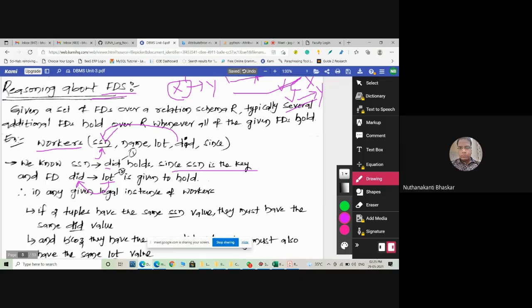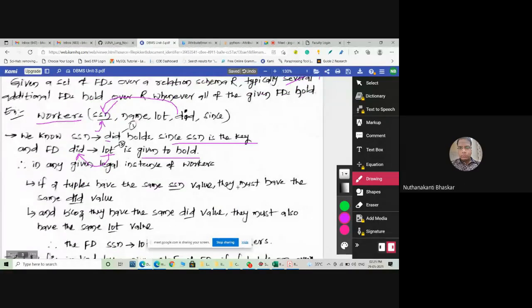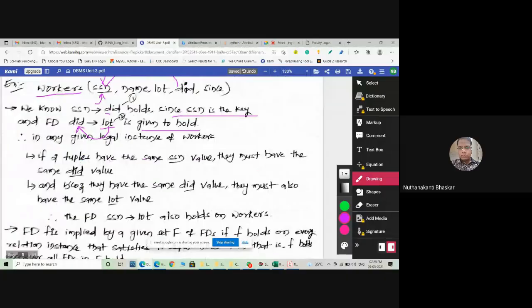The CSC department is on the second floor, maybe, or the IEC department on the third floor, like that. Based on this logic, we can have the functional dependency. Clear?